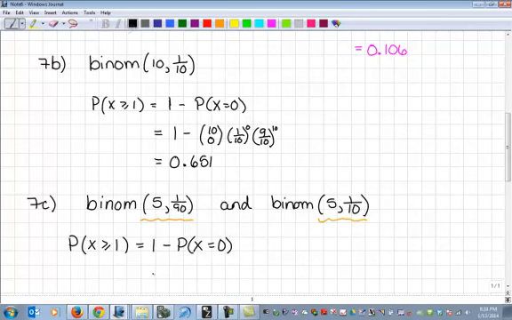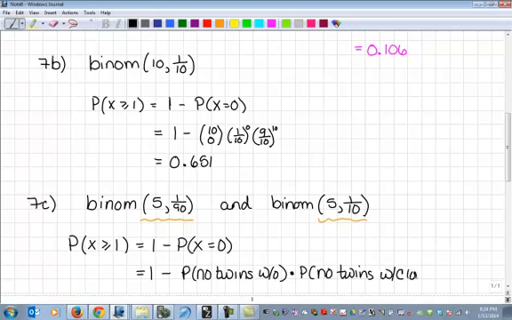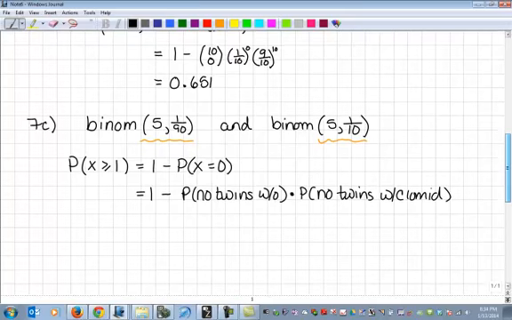So I'm going to have 1 minus the probability of no twins without, and the probability of no twins with Clomid. Well, since I said the word and, it's product.